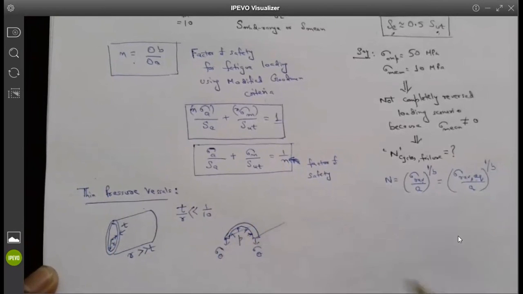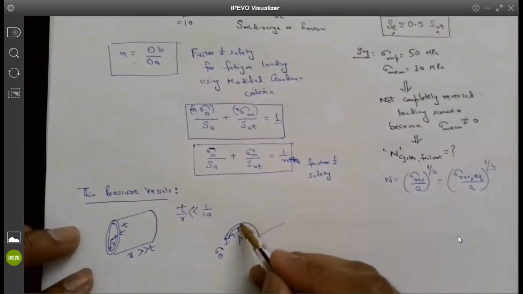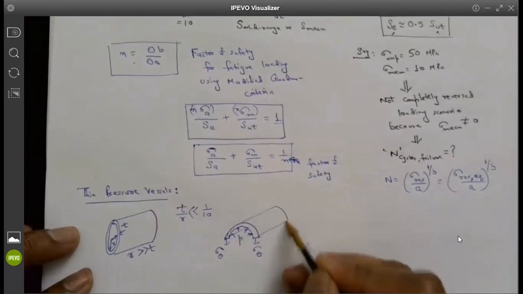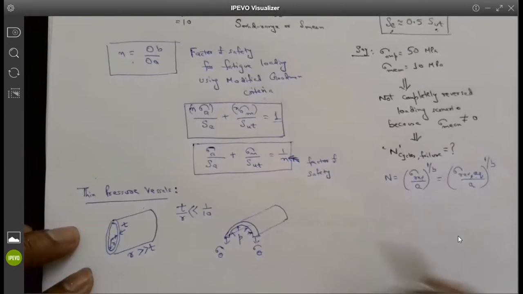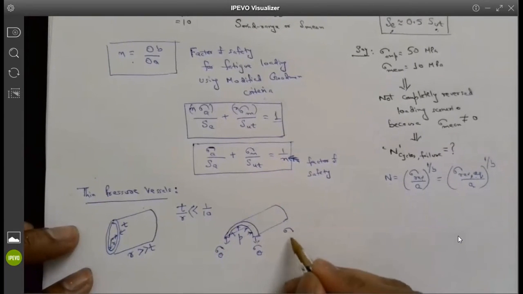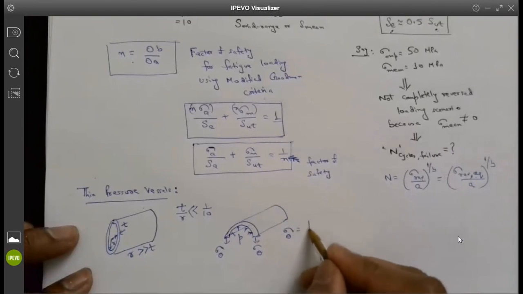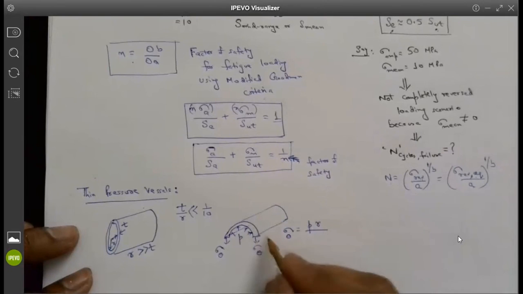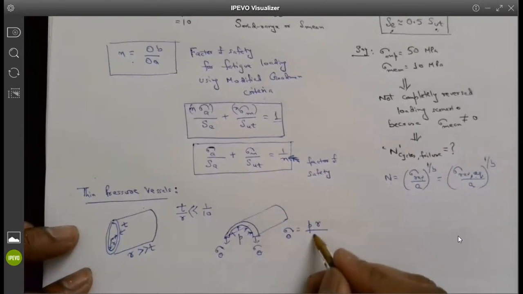This is P. If you have to find the circumferential stresses, if you remember from the discussions in 373 or deformables, you can find that sigma theta is given by P times R, the radius of the cross section of this cylinder, divided by thickness.